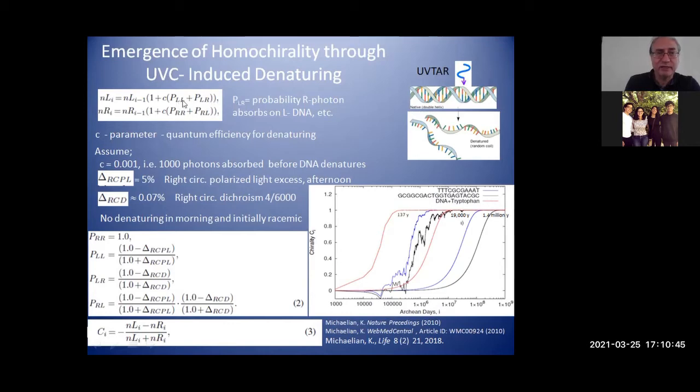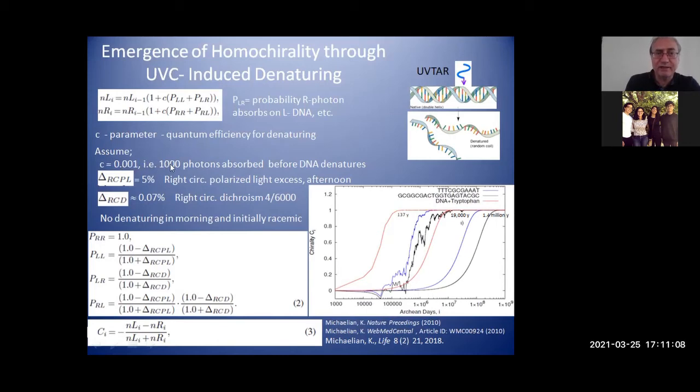So these P_LR, for example, is the probability of a right-handed photon absorbing on a left-handed DNA, etc. And the same for the other ones. And this parameter C, this factor C, is just a parameter which measures the quantum efficiency for denaturing. That is how probable it is. So let's assume that it's very low, about 0.001.